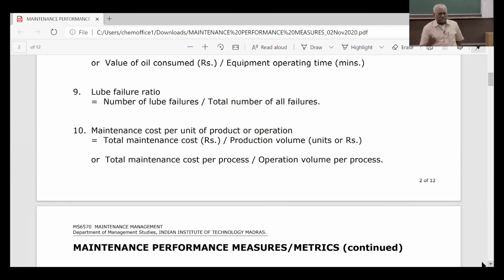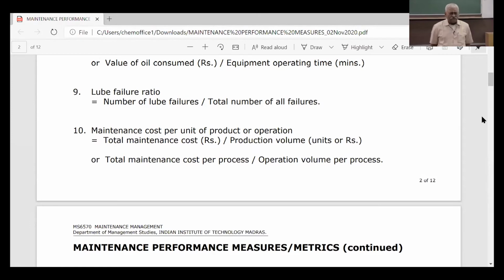See, here there is an assumption. You can always look at this coupled with something else. I'm just giving you a situation where you can make a comparison. Suppose you have the total maintenance cost. Now that's fixed for a period, and on the denominator you are using the production volume expressed in rupee terms.